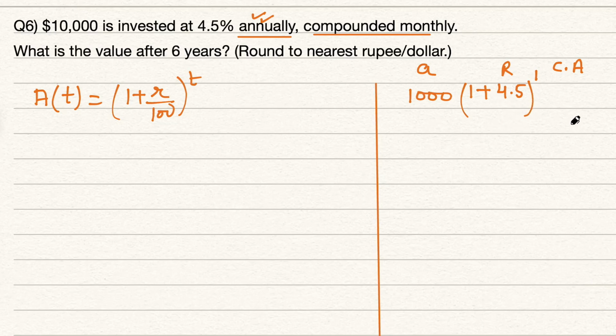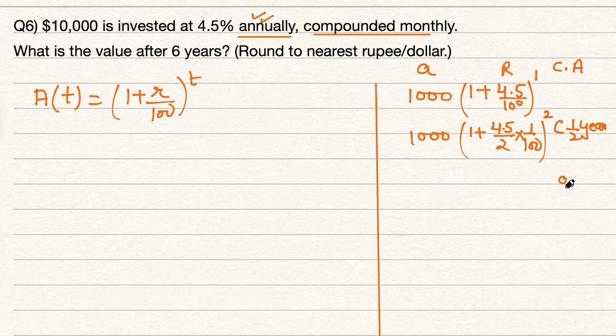But if it is compounded half yearly, then if it is half year, rate of interest will also be half. So that will be half of 4.5, and this 1 by 100 is as it is. And because you are going to get interest twice in a year, it will be raised to power 2.